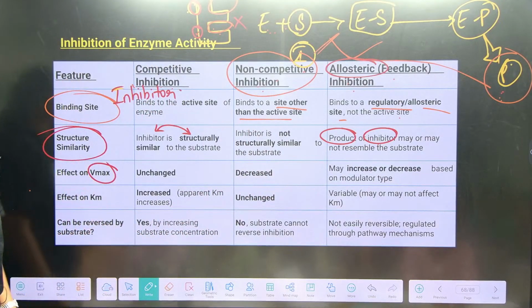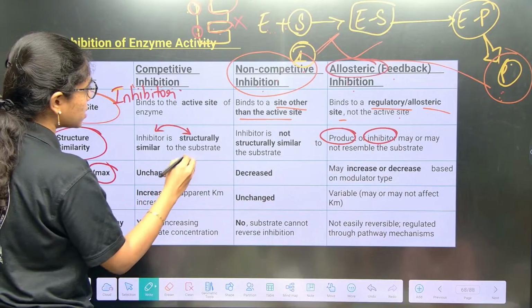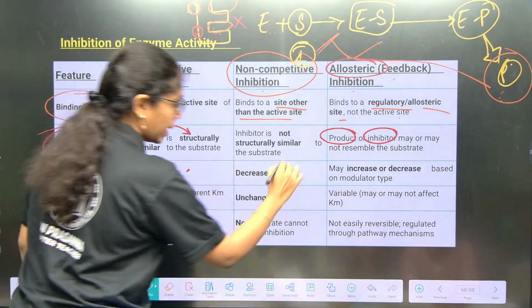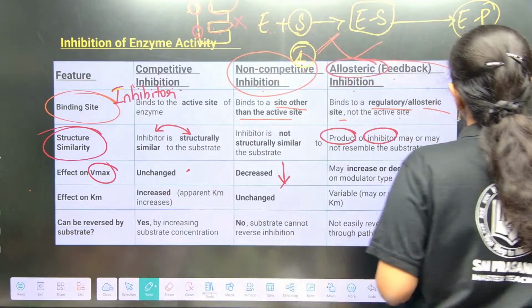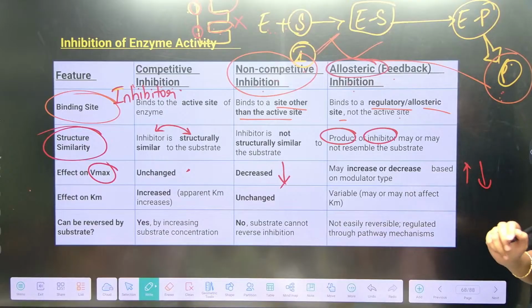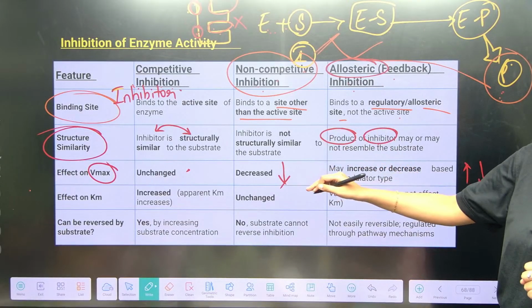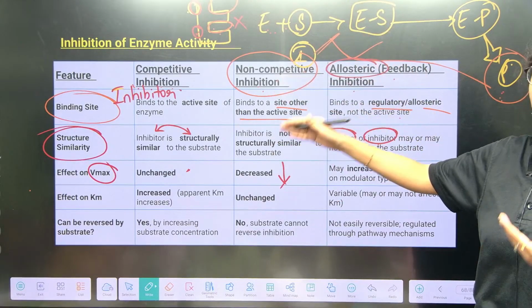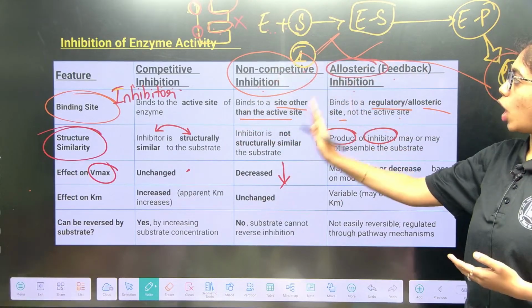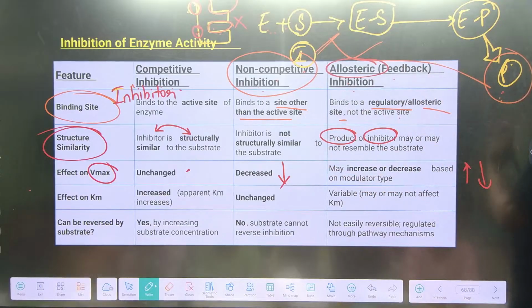Effect on Vmax. Here the effect on Vmax is unchanged. Here velocity decreases, and here it may increase or decrease. Quite a few times questions are asked on Vmax: how the inhibition is affecting Vmax in competitive, non-competitive, and allosteric inhibition.